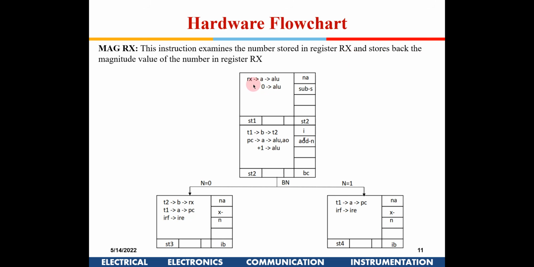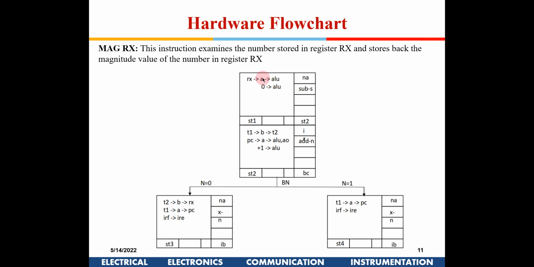We get the value from the register Rx through the A register into the ALU, and we also put a 0 into the ALU. Then we do a subtract operation: 0 minus A. Remember, it is not A minus 0.